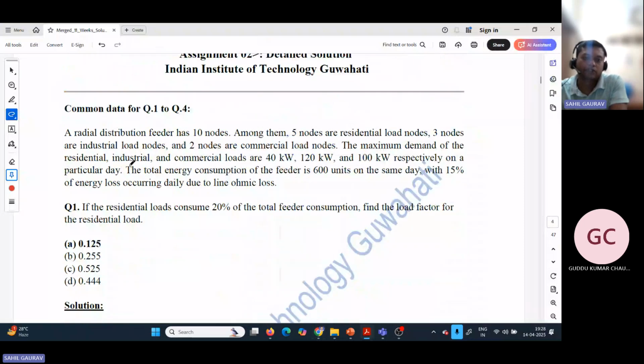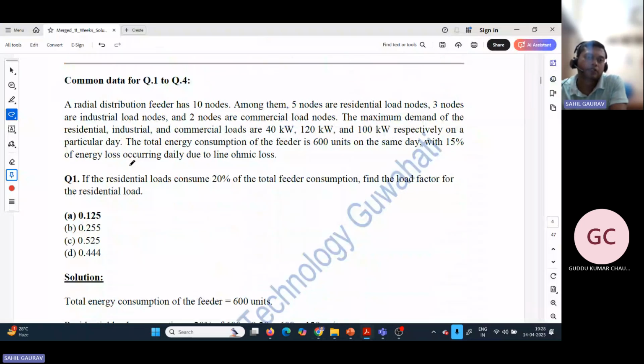So coming to assignment number 2. In this first problem, we have a radial distribution feeder having 10 nodes, and among that 5 nodes are residential loads, 3 nodes are industrial loads, and 2 nodes are commercial load nodes. The maximum demand for residential, industrial, and commercial loads are 40 kilowatt, 120 kilowatt, and 100 kilowatt.